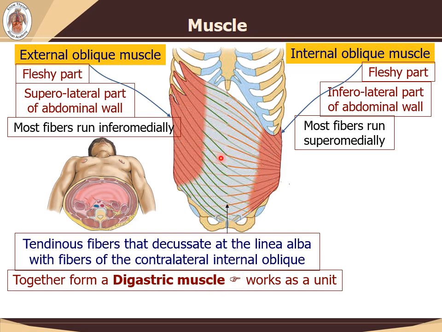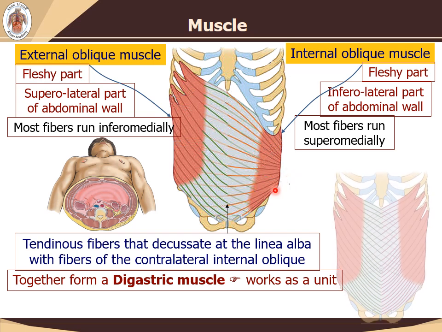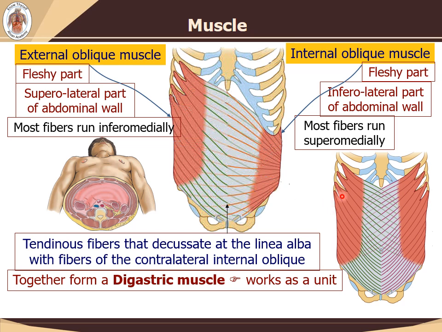So these two muscles together make a digastric muscle, meaning a tendon connecting two bellies of muscle, so they work together as a unit. The external oblique muscle of one side makes a unit with the internal oblique muscle of the opposite side, and this one is making a unit with the opposite side. So there are two digastric units.